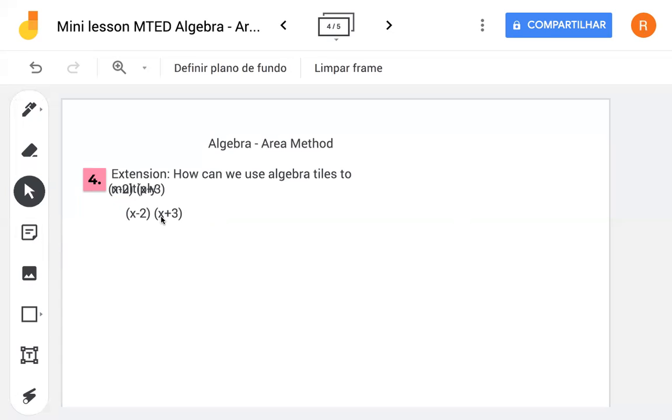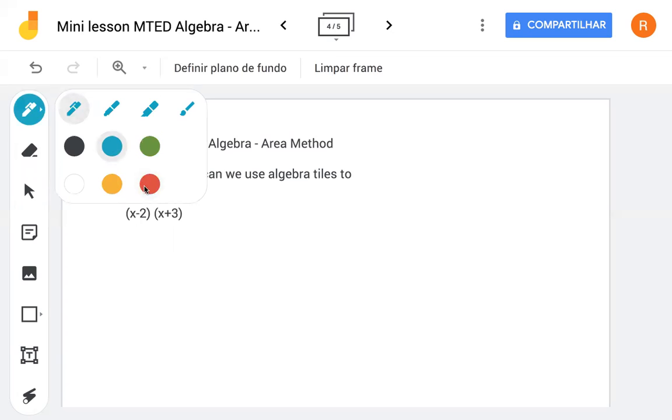So here's like a little extension, and I have changed the sign. As you can see, there is a negative sign here. So we usually do the same process, but here, as I change the sign, we need to understand that the color of the box will change. Let's put negative as a red color box. So let's start here.